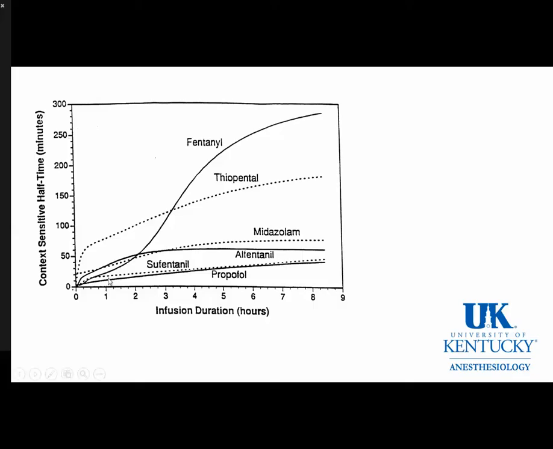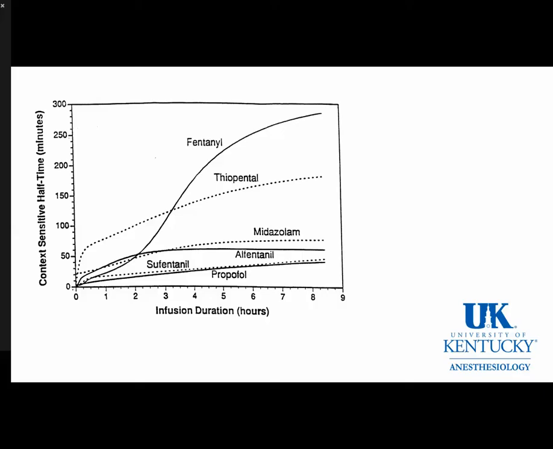For example, a drug like propofol or alfentanil or even sufentanil can be infused for a number of hours, for very long cases in fact, and the time after those infusions are stopped for half the drug to diffuse away from the receptor, and hopefully at that point, assuming 50% diffusion from the receptor will cause awakening, that patient will then awaken from their anesthetic.